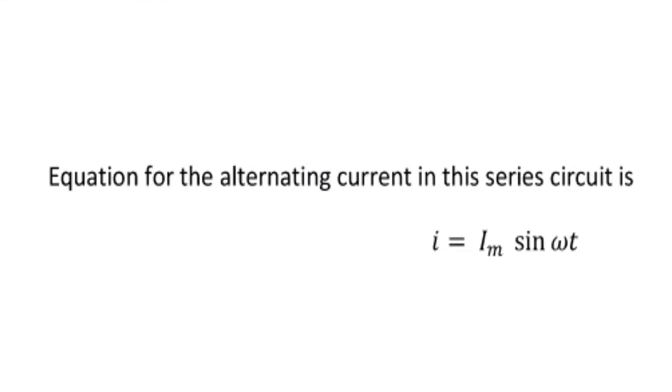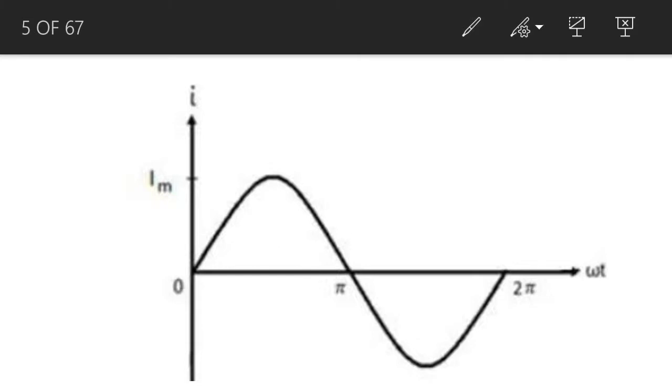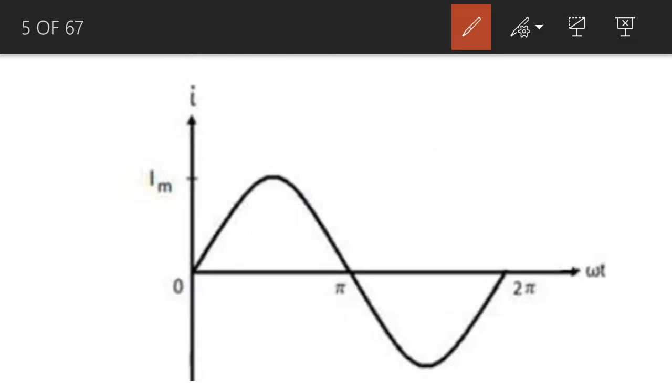So the voltage across the resistor will be equal to IR. We are going to consider the voltage across the resistor after the current slide. We consider the waveform for the current in this series circuit.